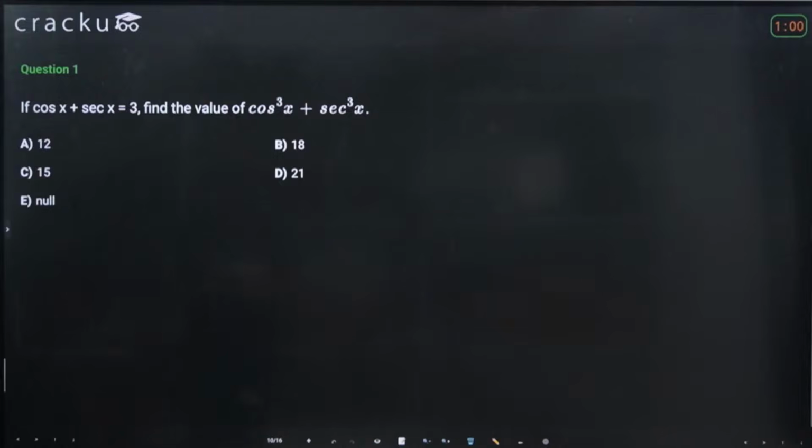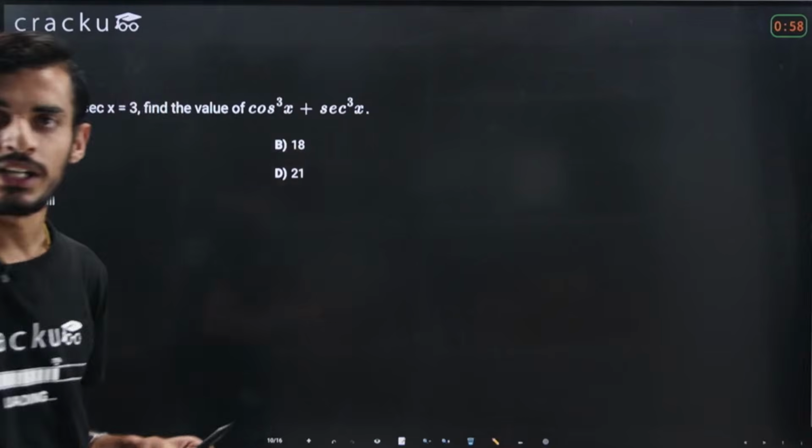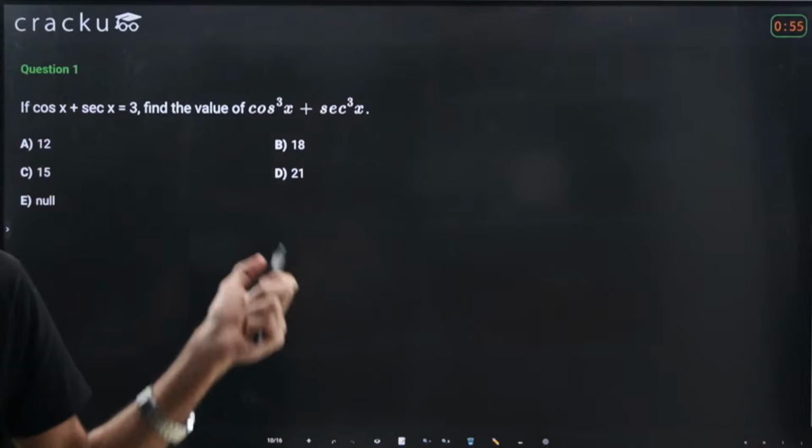Banashri is asking, can you give an example for 270 degrees? Okay, after this question, I'll take one example.